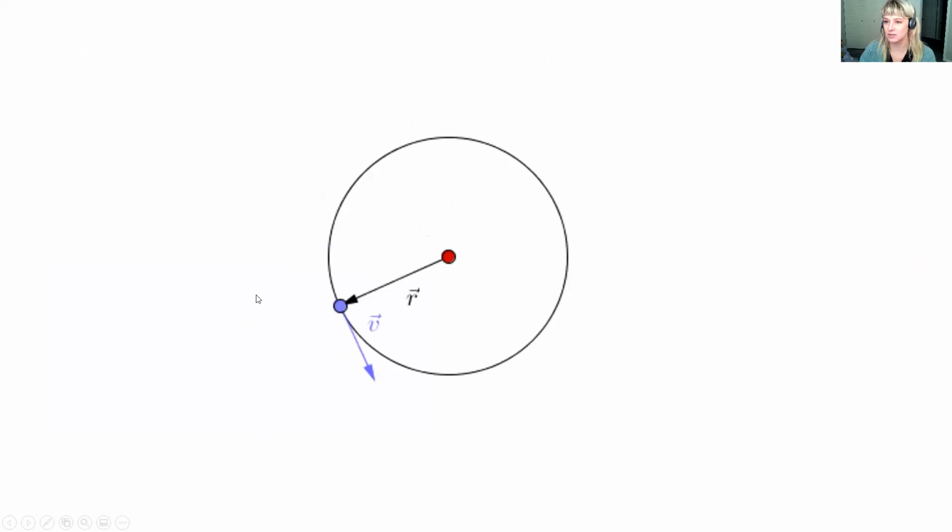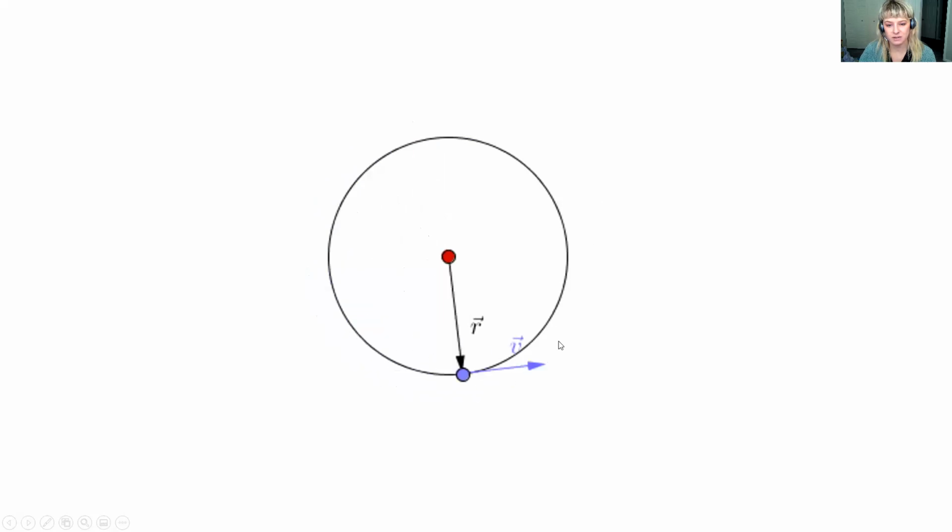So let's just visualize what's happening in circular motion. So we have an object moving in a circular path. Let's suppose we're looking at this top-down view. Now the center of the circle is shown in red, and this vector called r is pointing from the center of the circle out to where the object is in space.